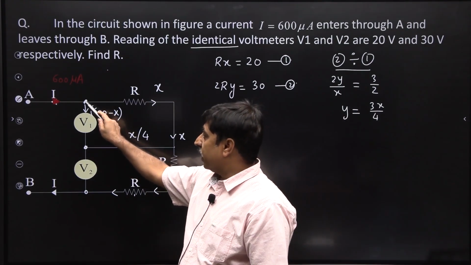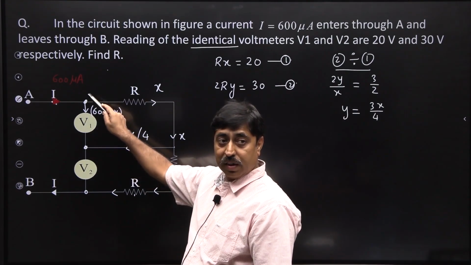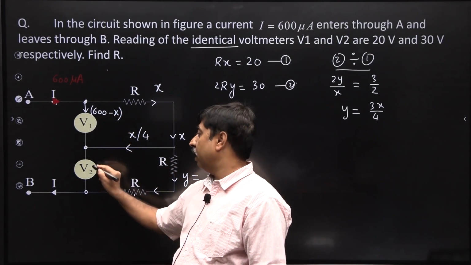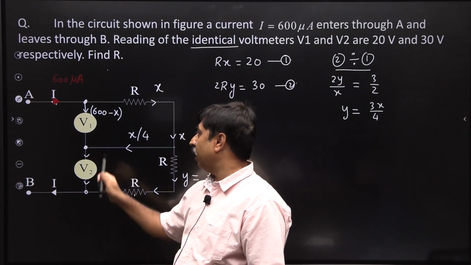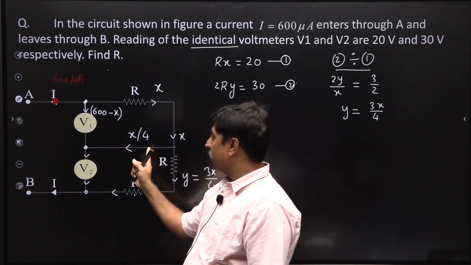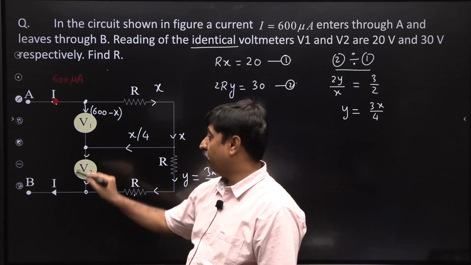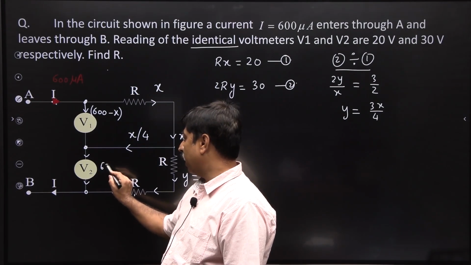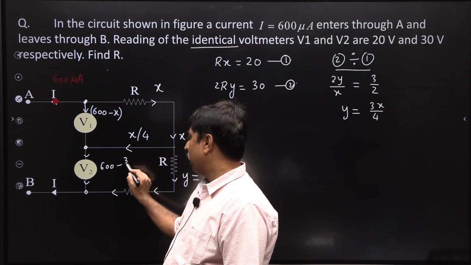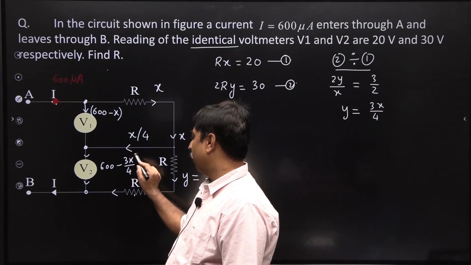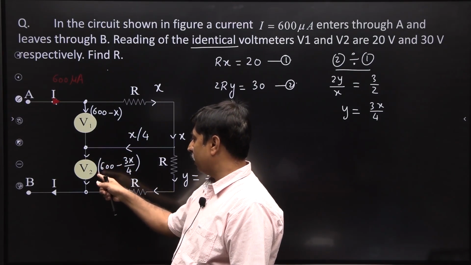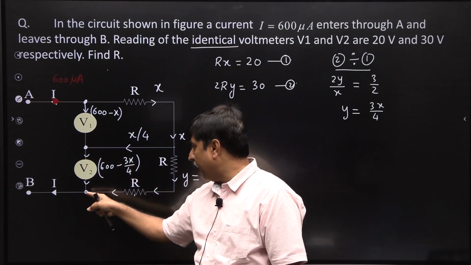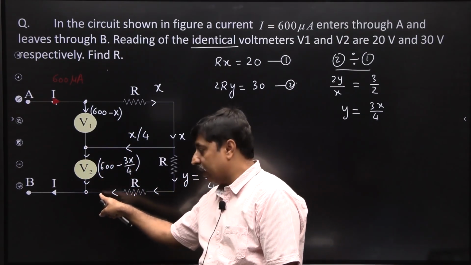Now, 600 minus X current is flowing here, 600 minus X by 4 current joins it, and the current in this branch will be 600 minus X plus X by 4. 600 minus X plus X by 4 makes it 600 minus 3X by 4. So, the current in this path is 600 minus 3X by 4 and there the current is 3X by 4.